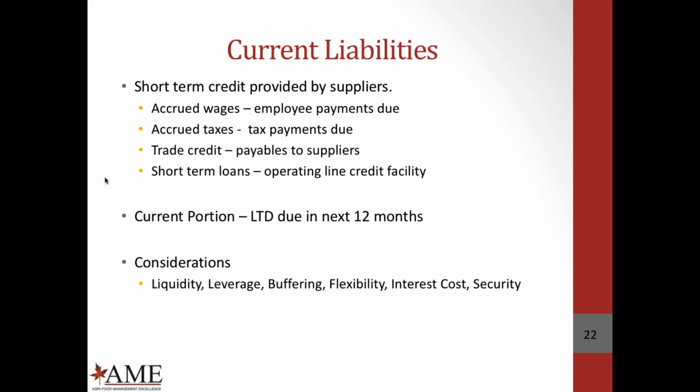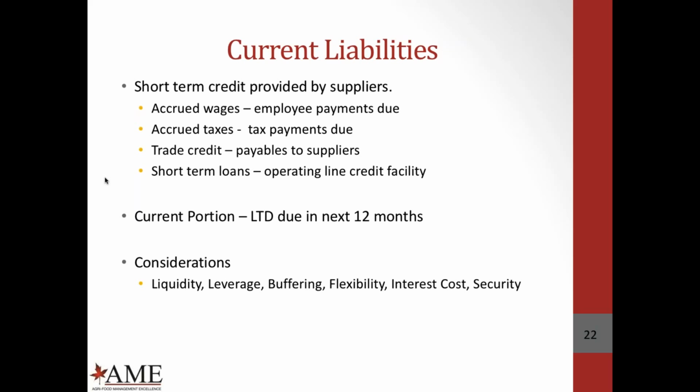So your current liabilities, same thing. You're going to have some short-term things that are provided by your suppliers, so your accounts, what you are paying out to others. Your accrued wages, so you're going to have your employee payments due, going out to your staff if you have employees. Your accrued taxes, so that could be your source deductions or your GST.